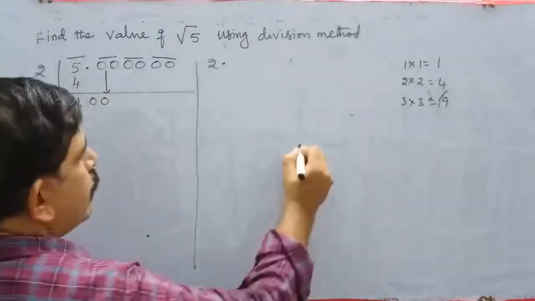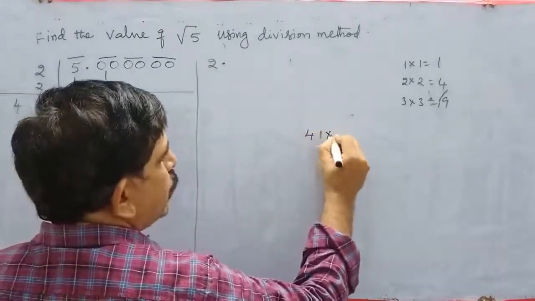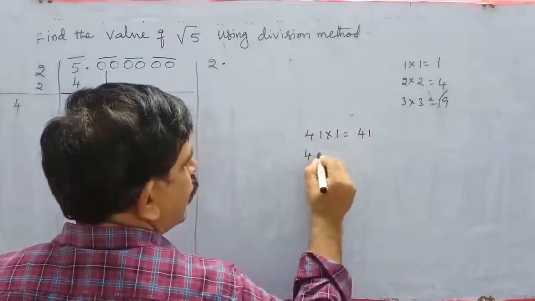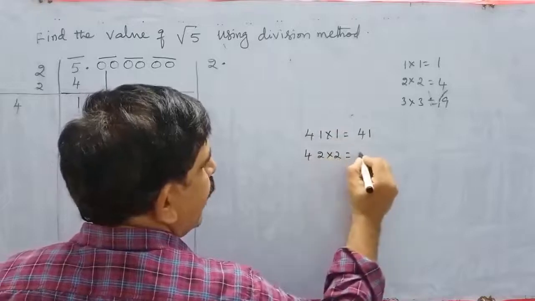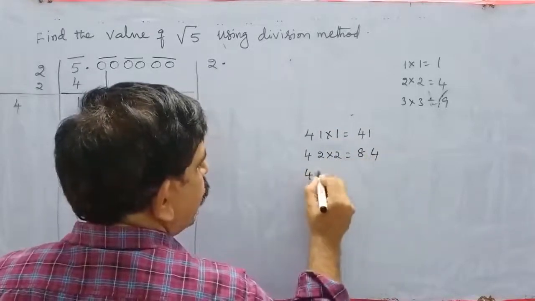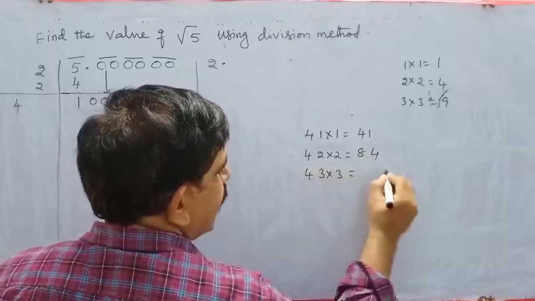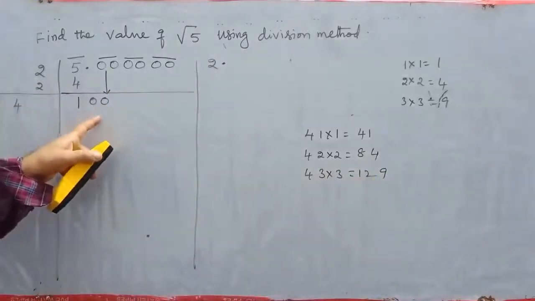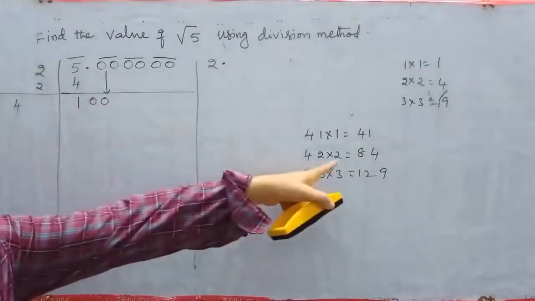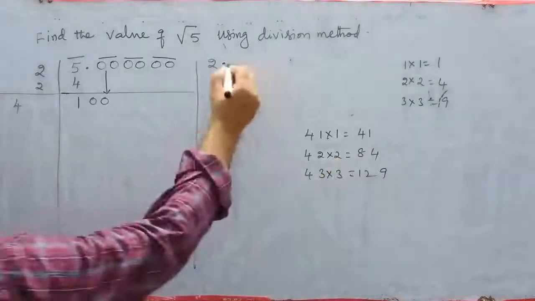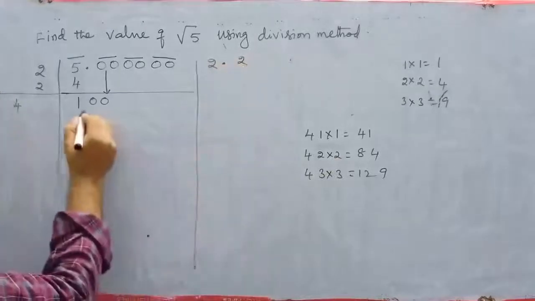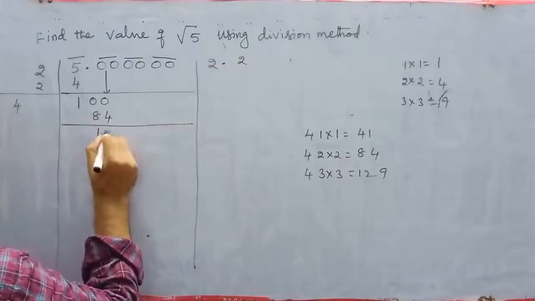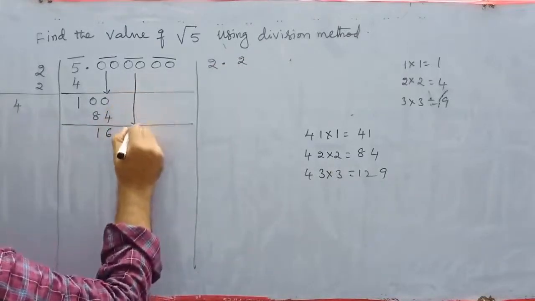Next, 41 into 1 is 41, 42 into 2 is 84, 43 into 3 is 129. So here we have 100. So how many times? 2 times we have to take 2, 84, remainder 16.